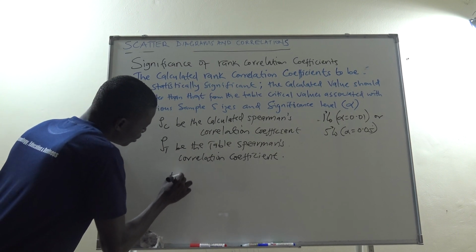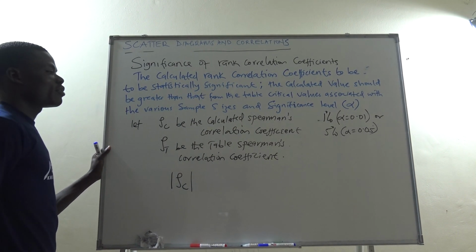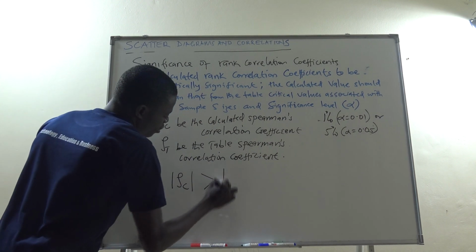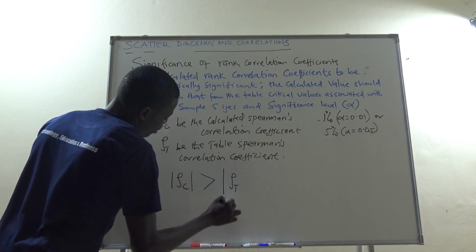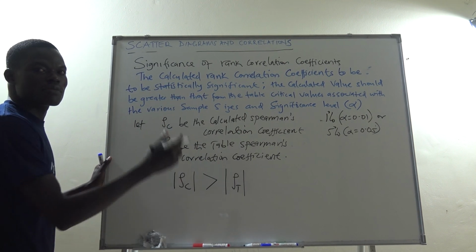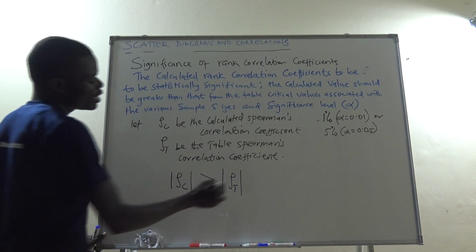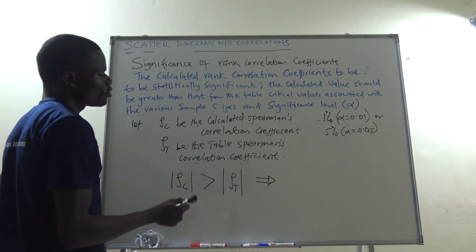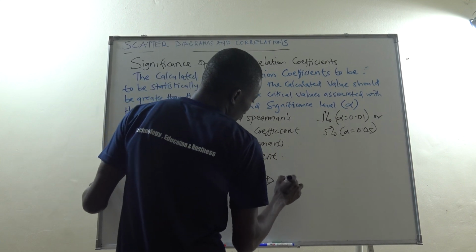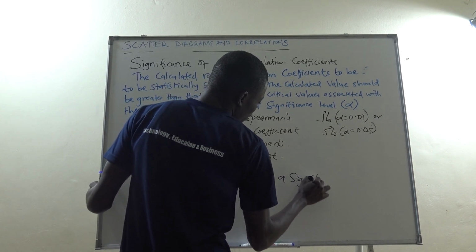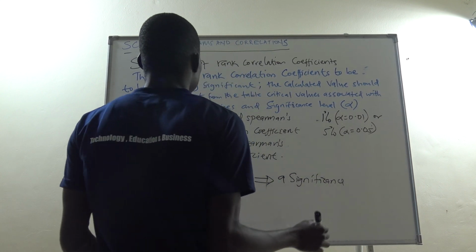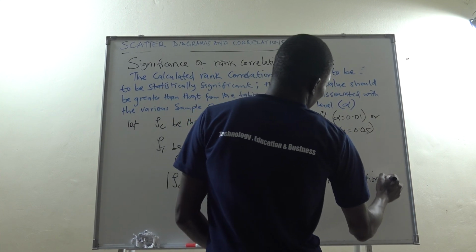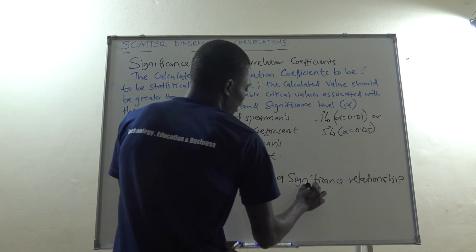So if our rho C, which we said is the calculated Spearman's correlation coefficient, is greater than rho T, which we said is the table Spearman's rank correlation coefficient, then this implies that a significant relationship exists.